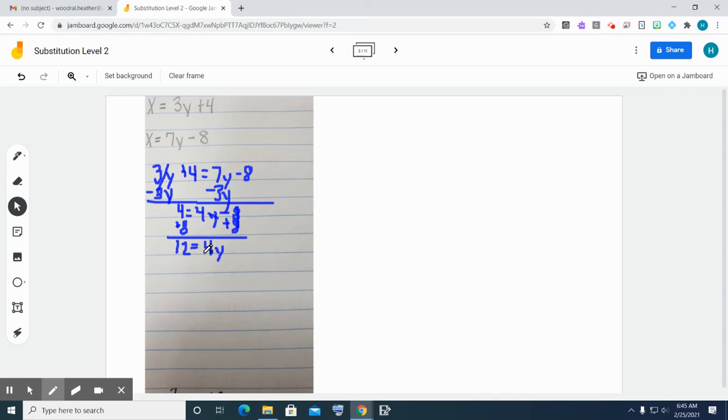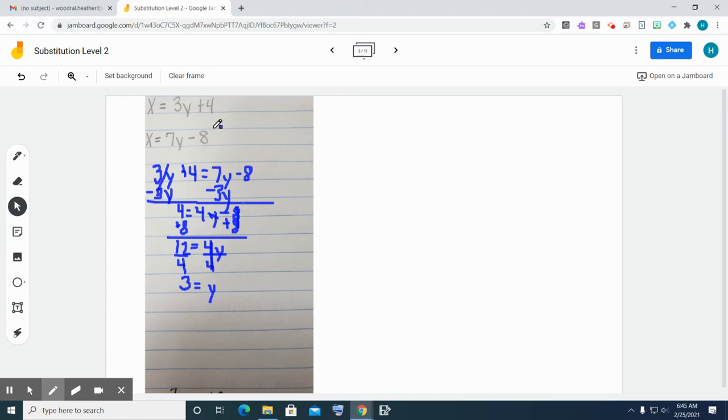My next step says to divide by the number being multiplied by y. Those cancel, leaving me with y equals 12 divided by 4, which is 3. So there's the first half of the problem.